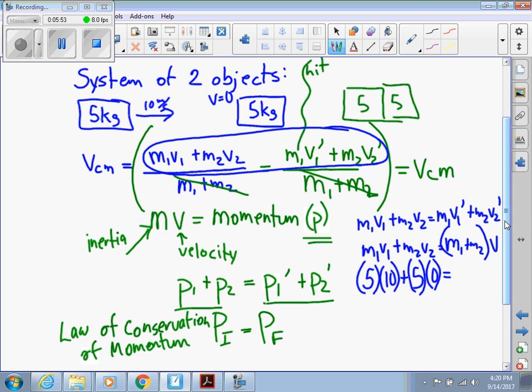When the blocks are combined, they have a mass of 10. And so we could figure out what our new final velocity is. When we look at that, we will find that both blocks moving together have a final velocity of 5 meters per second.